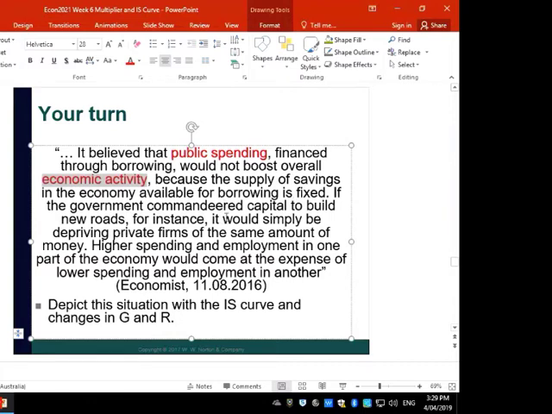What else do they say here? They say something about savings, but the main kicker here is... it doesn't say something about interest rates, I was hoping.